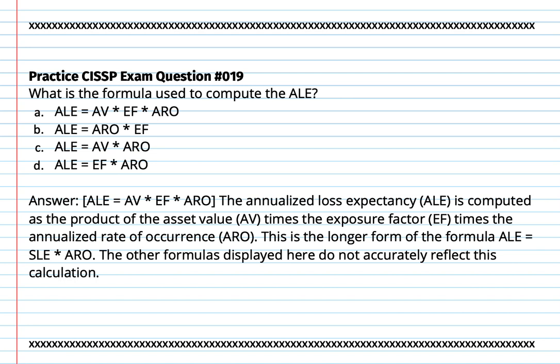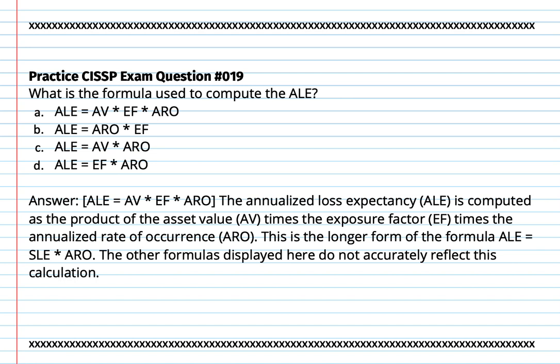So when we talk about this question, what is the formula used to compute ALE? What is used to compute the annual loss expectancy? You have various different formulas that are put on this question, so you just have to know the right one. A, your annualized loss expectancy is based on your asset value times your exposure factor times your annual rate of occurrence. That would be A. B, your ALE is based on your annual rate of occurrence times your exposure factor.